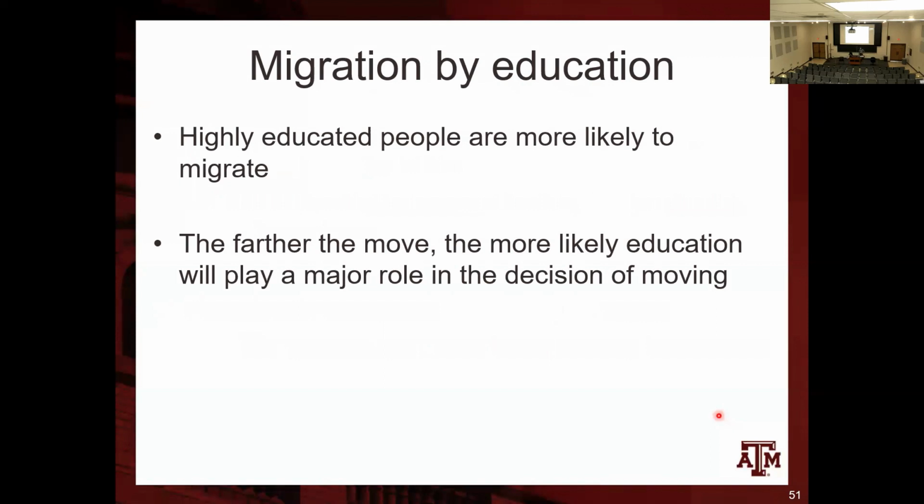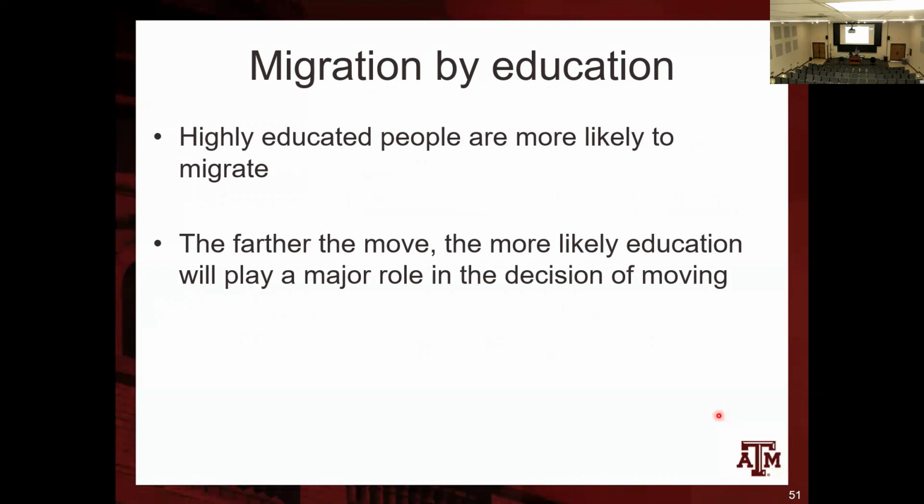Migration also varies by education. Highly educated people are more likely to migrate. They have better social networks. They know about more possibilities of work in different places in the US. And they are more likely to take the risk because they can improve their socioeconomic status, their earnings, by moving to other areas.